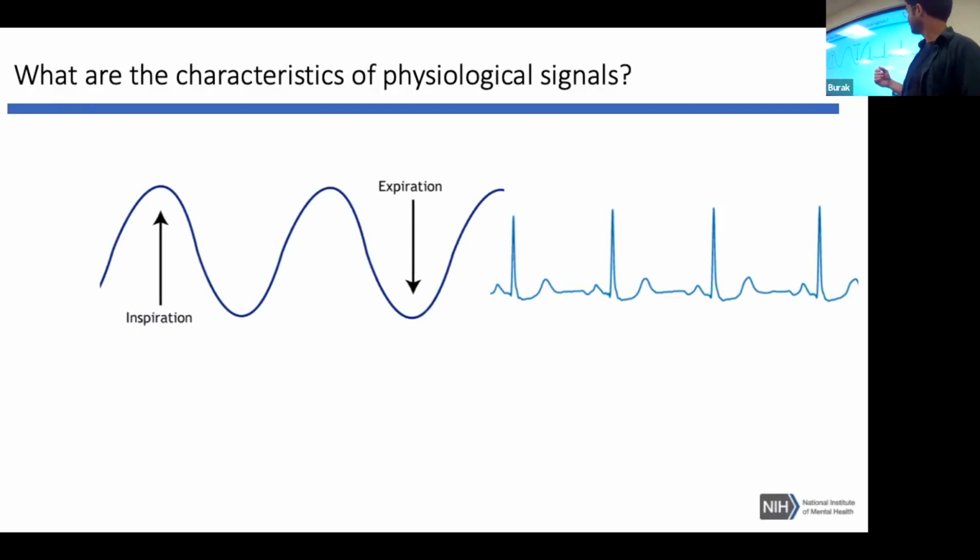Anything you can tell, anything in common in both? Any guesses? They look very different. The interval, actually: breathing is way slower than cardiac. The heartbeat is every second or so. Breathing is maybe 5 to 10 seconds.